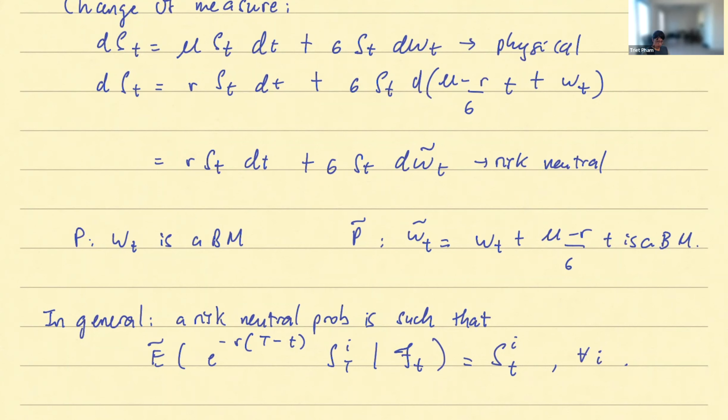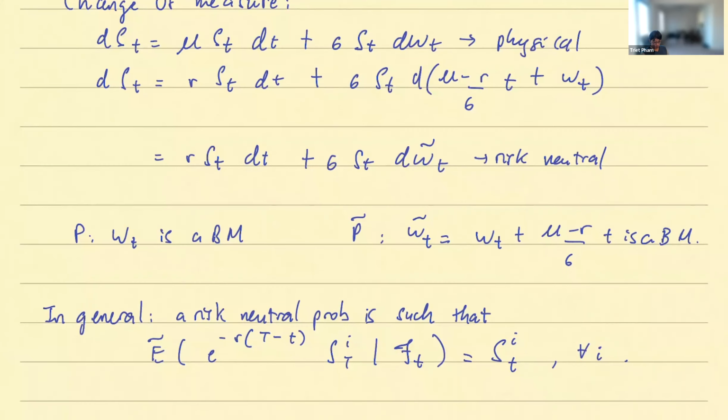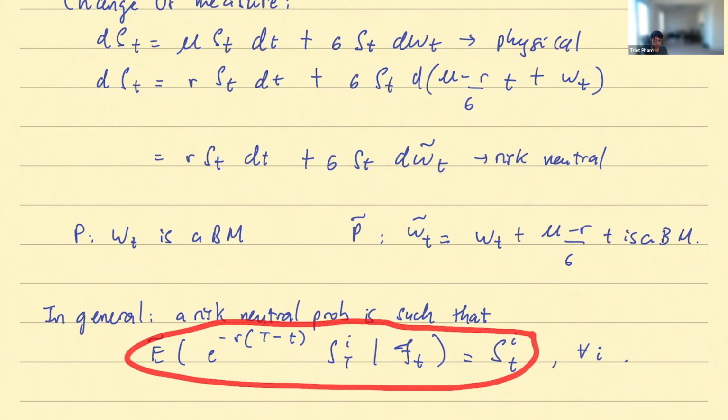So what are we saying? This is just the pricing equation, discounting the future value into the current value at time little t. For all i here means that we could have more than one asset, more than one stock, or it could be a bond, a foreign exchange rate, whatever. So for all assets under consideration, the pricing equation must work that way.